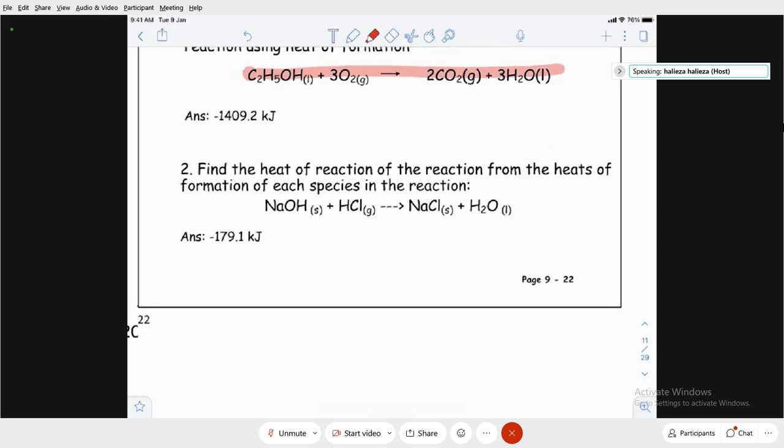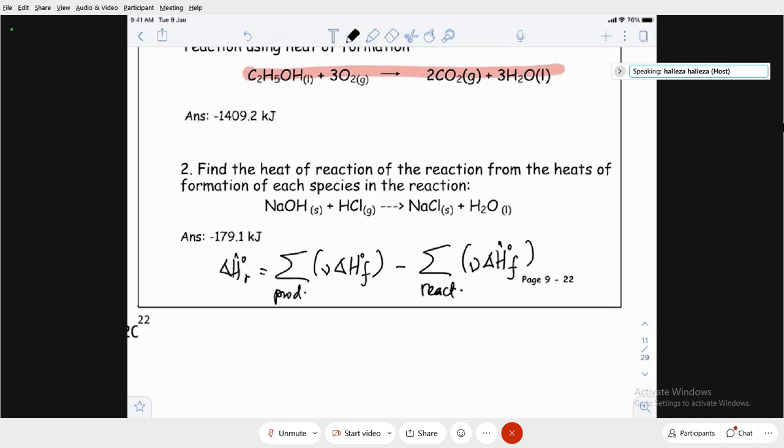If you look at the equation just now, your heat of reaction is equal to the sum of the product, the coefficient with the heat of formation, minus the summation of the reactant, the coefficient with the heat of formation.